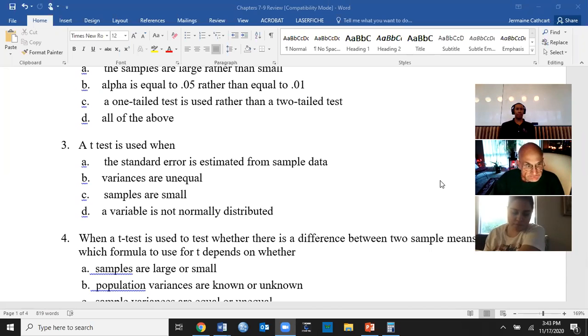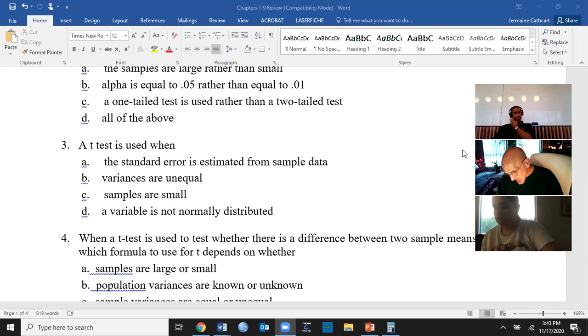C. No. You can use large samples. Is it A? Good, so it's A. It's when the standard error is estimated from the sample data.